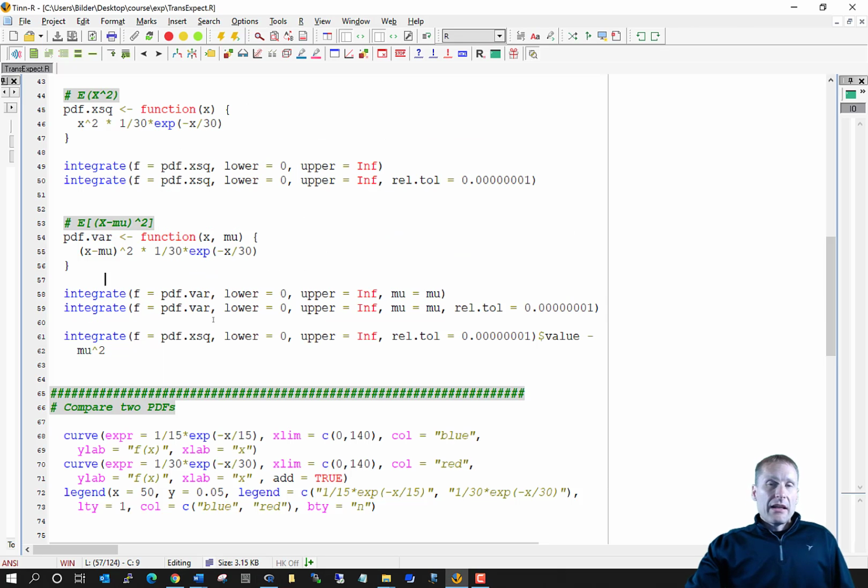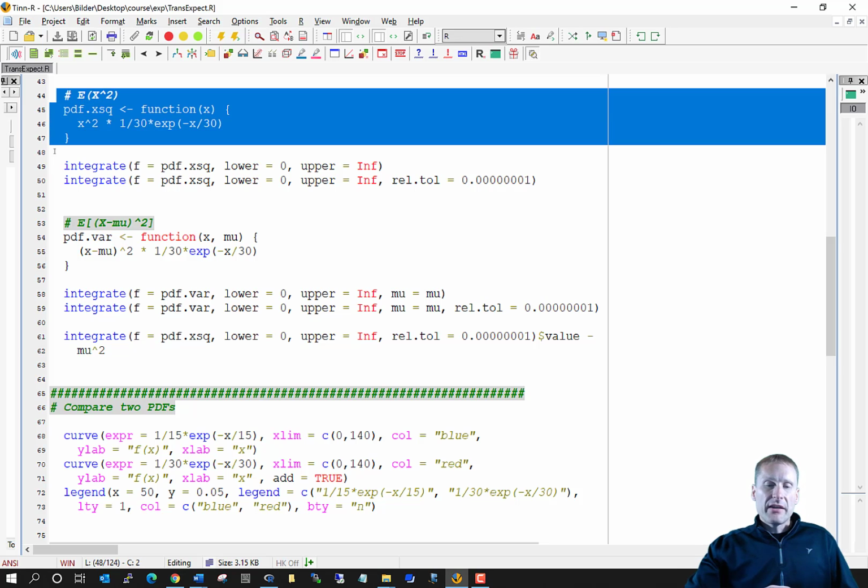Of course, in R, you could do the calculation like this. Take the integral of x squared times f of x. It's above in my program. Here we go. pdf.xsq is now x squared times the f of x.